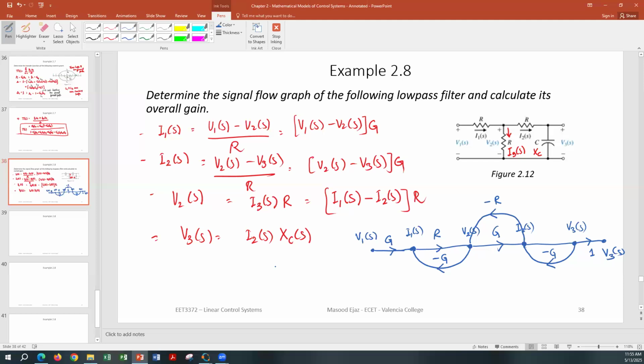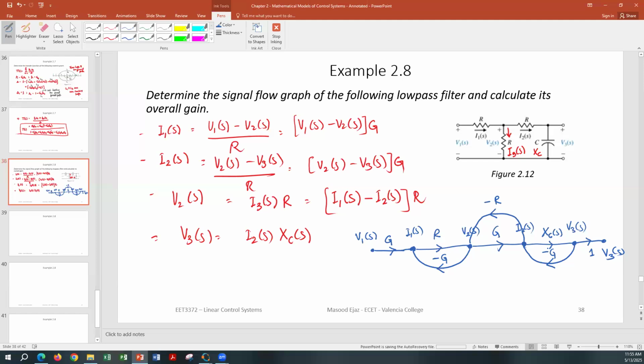And finally, my V3 is I2 times X of C. So my V3, which is right over here, is I2 times X of C. So I2 is here, and this is going to be X of C. And that's my V3. Let me know if you have questions.